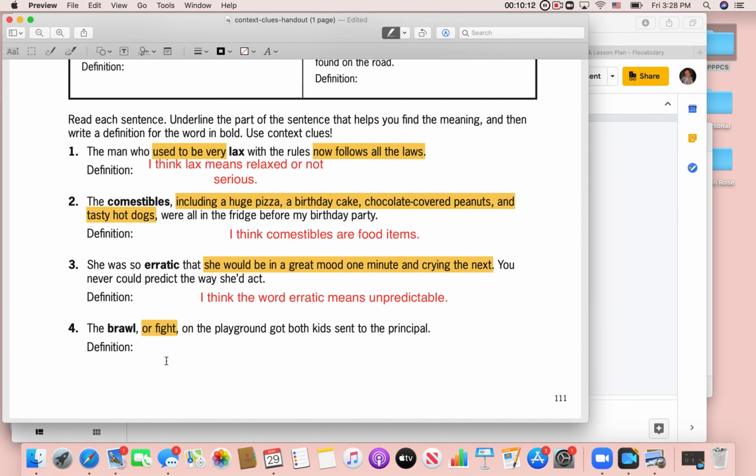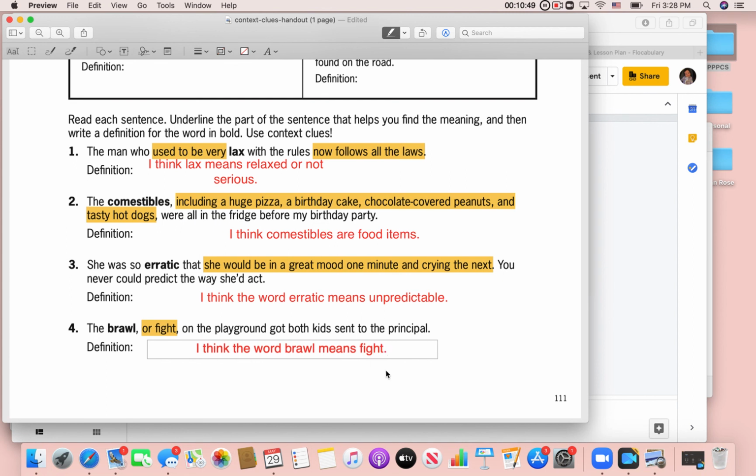The word is explained or defined right there in the sentence. So this is like the easiest kind of context clue to use. If it says right there in the sentence, or fight, what do you think the word brawl means? Using the context clue and the explanation, I think the word brawl means fight.